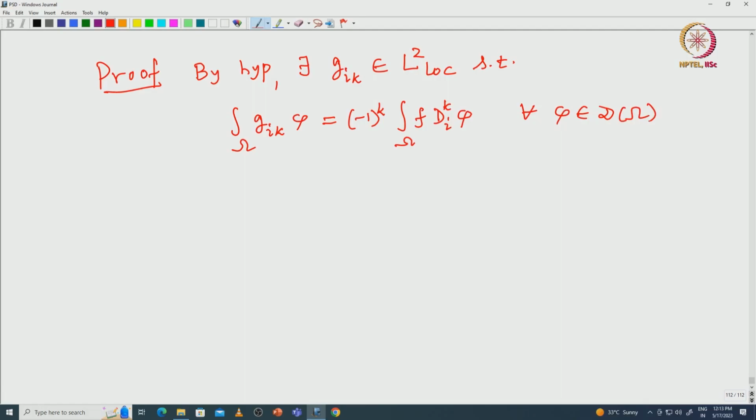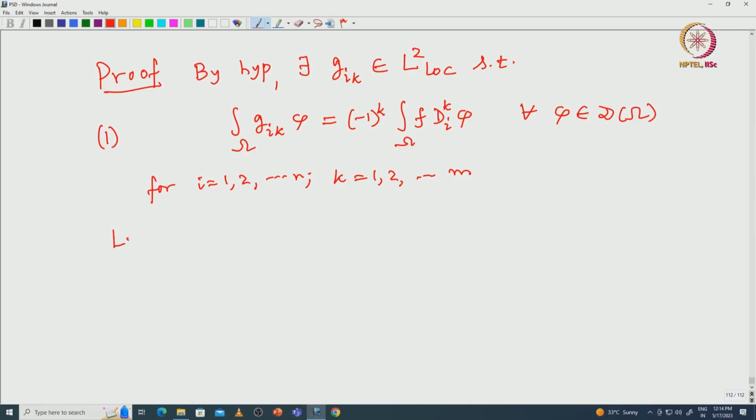Okay, I just put some number, just let it be there. So, this is for i equal to 1 to n, and the number of derivatives k equal to 1 to m. Okay. So, this is just by the definition of the weak derivative.